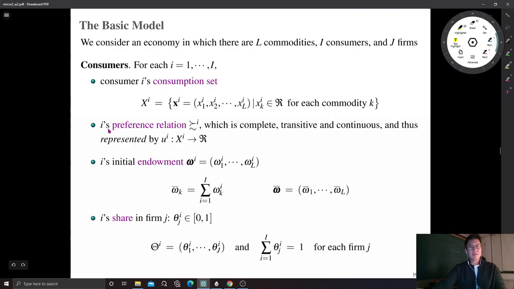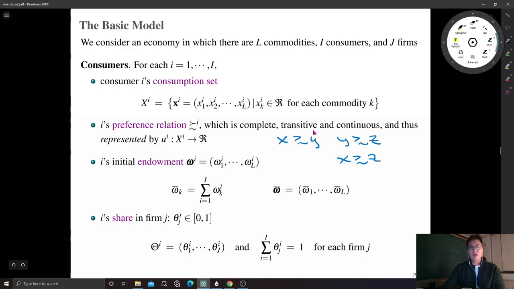And the consumer has a preference relation on this set. The preference relation is denoted by this curly inequality, which stands for a binary relation between two bundles. We assume this relation is complete, meaning that the consumer can tell which bundle is preferable to another, and transitive: if x is preferred to y and y is preferred to z, then x is preferred to z.